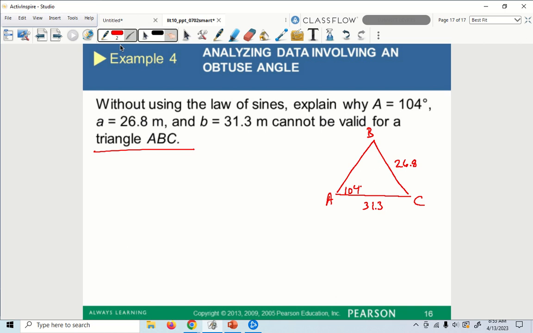Because big A is the biggest angle, but it doesn't have the biggest side.